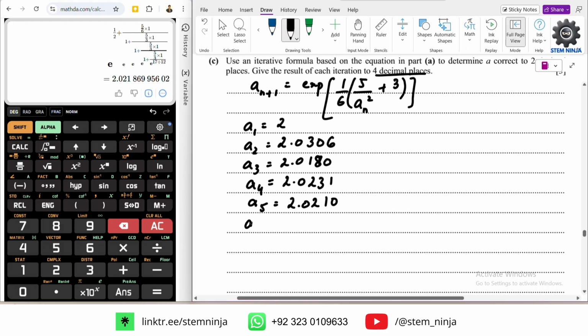This is becoming constant, right? 2.0219. So as you can see, to 2 decimal places, this is becoming constant. Hence, a is 2.02.